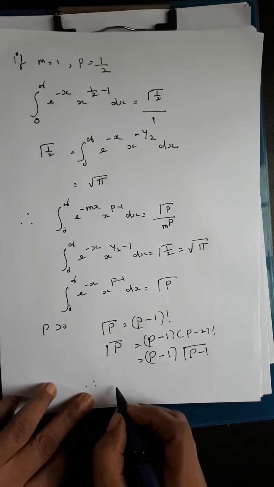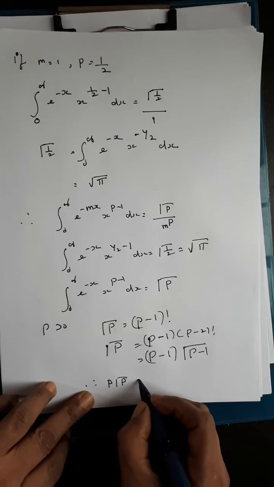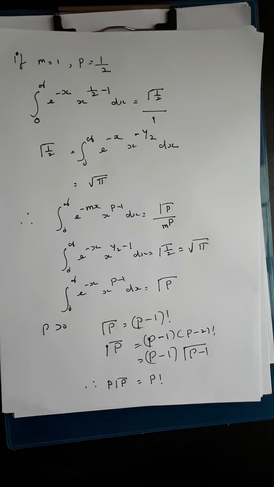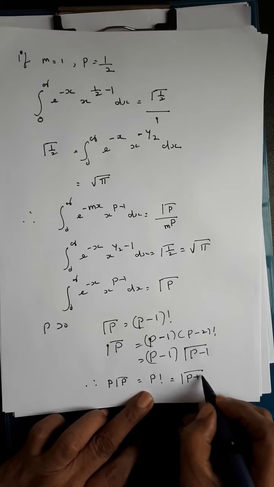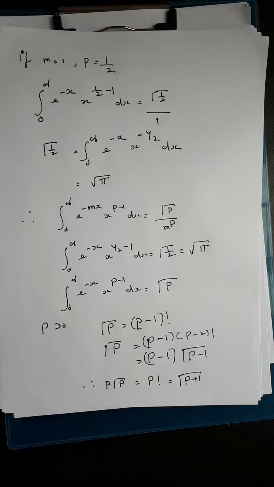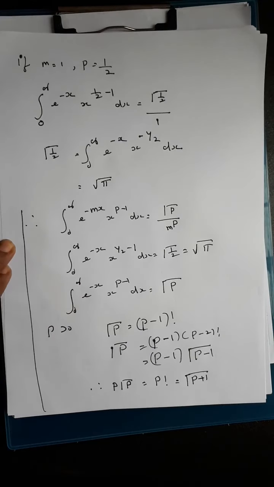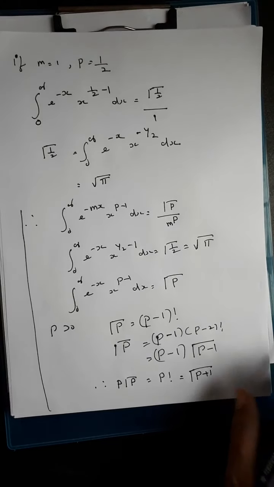Therefore, we can write p into gamma p is equal to p factorial or gamma p plus 1. So, these are some important results while going through gamma distribution.